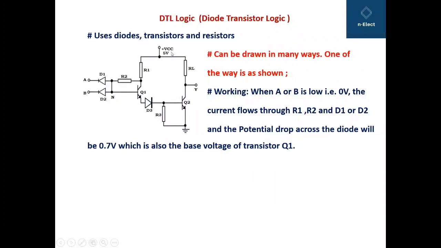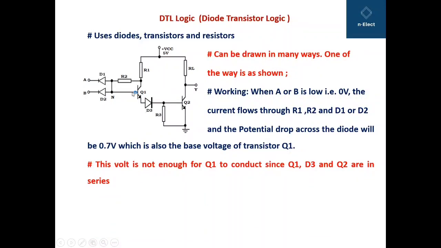And when this current flows like this through R1, R2 and then either through D1 or through D2, the potential drop across the diode will be 0.7 volt if we consider it as a semiconductor diode, which is also the base voltage for this transistor Q1.